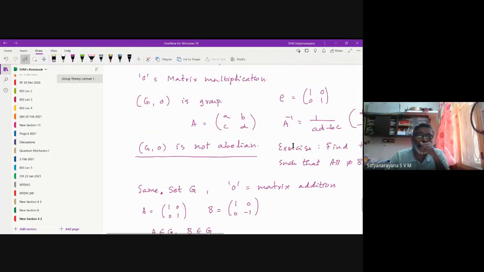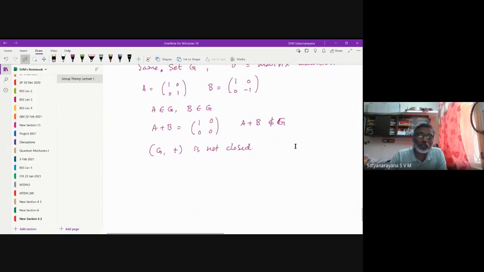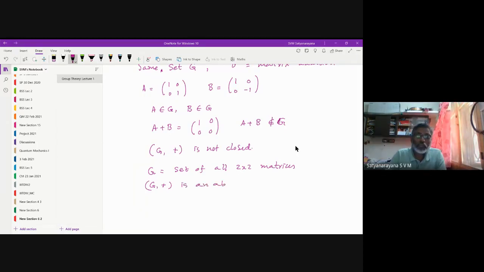But if you take the set of all 2 by 2 matrices, then under matrix multiplication it will not be a group, because singular matrices will not have an inverse. But under matrix addition it will form a group. Follow? So if you define G as the set of all 2 by 2 matrices, then G with addition is an abelian group.